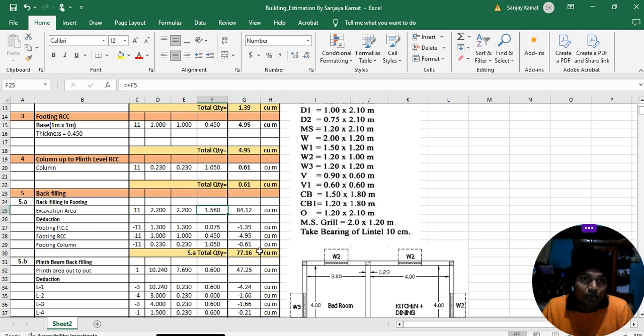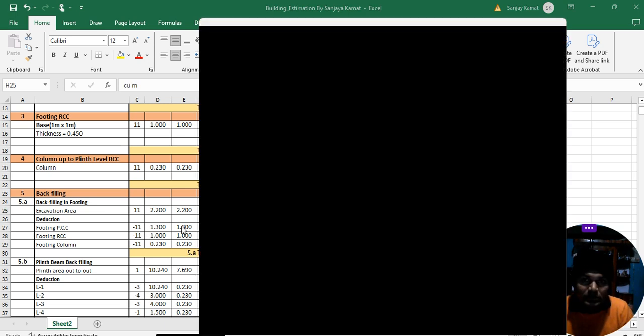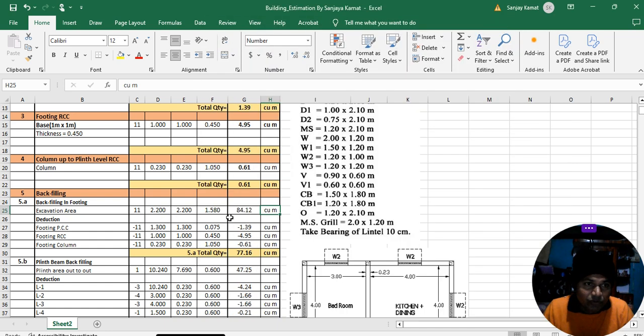Once we know the length, breadth, depth and number, we multiply all terms and get 84.12 cubic meter. Still, I don't know why my net is very slow.